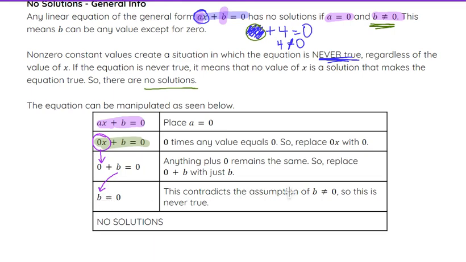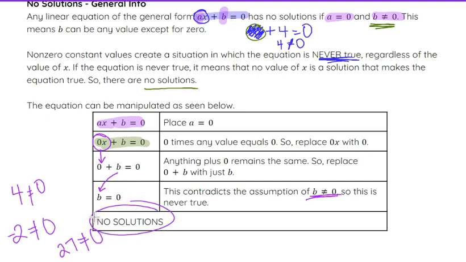And whatever b is, if it's not 0, if it's 4, 4 doesn't equal 0. If it's negative 2, that doesn't equal 0. If it's 27, 27 doesn't equal 0. So no matter what, it comes out to be no solutions as our answer, as long as b is not 0.